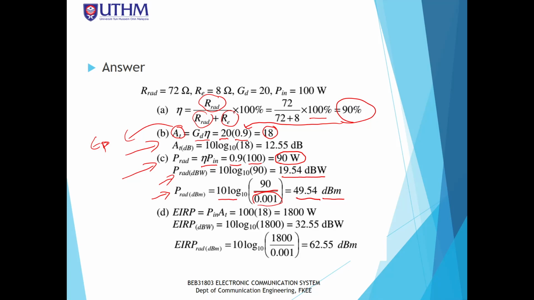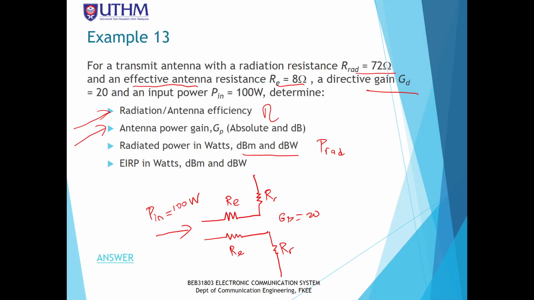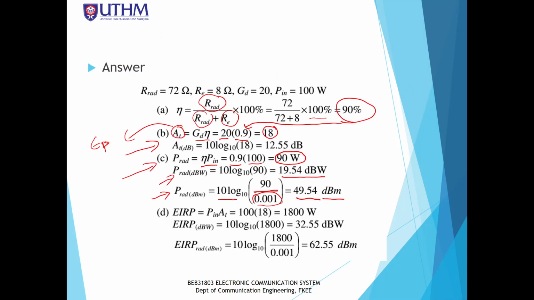The next question asks EIRP in watt, dBm, and dBW. Remember, for EIRP we have two options. EIRP is equal to P input multiplied with power gain, or we can also write EIRP equal to P radiation multiplied with directivity gain. In this example, it uses P input.